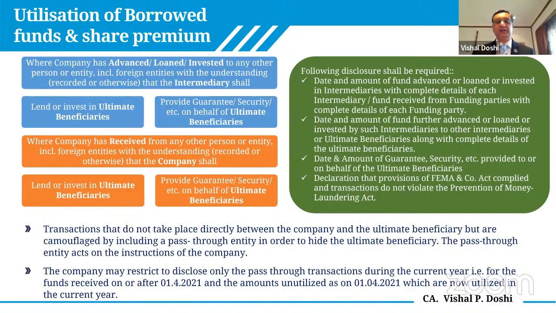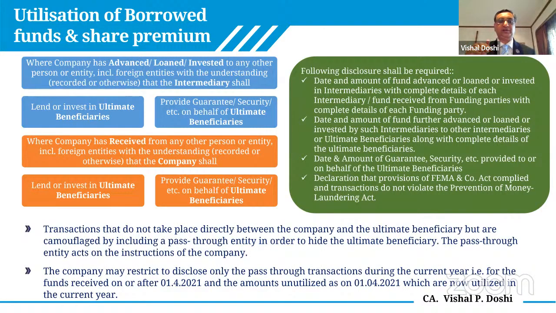So let us say your client has received money. There is a company A from which the client was supposed to receive money, but for whatever reason, company A gives to a company or an entity B, which gives to your client. So company A has given to B with the notion or the instructions or the intention that it has to come to your client. So it is a roundabout route in which it has come. So this needs to be reported.